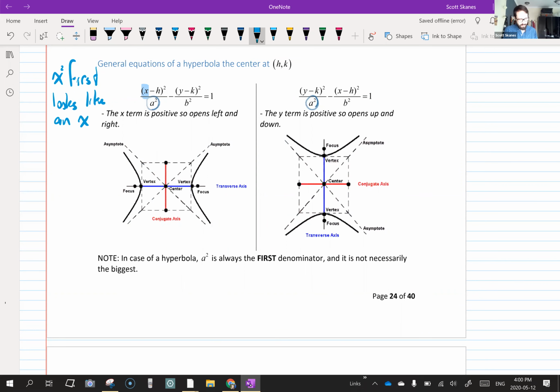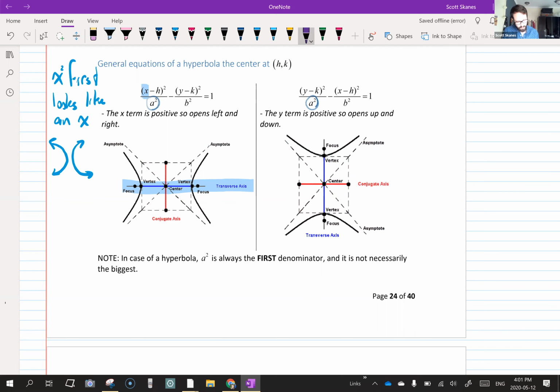What do I mean by that? I mean, it looks like an x, more or less. Some students write x's like that. So if the x comes first, you know that right away. And what does that tell you? It tells you that the transverse axis is going to be in the x direction, okay? That's your first piece of information.